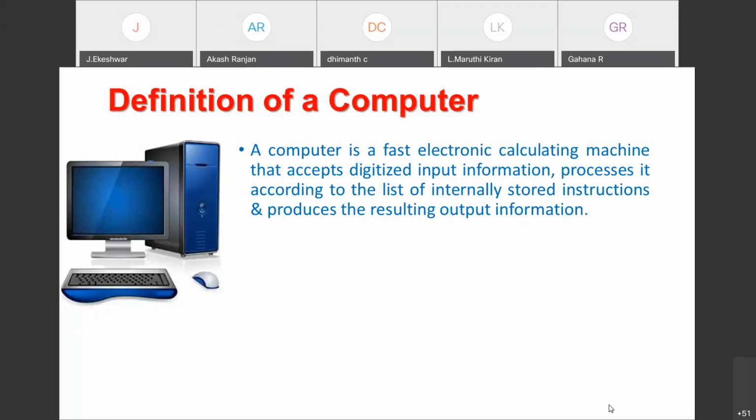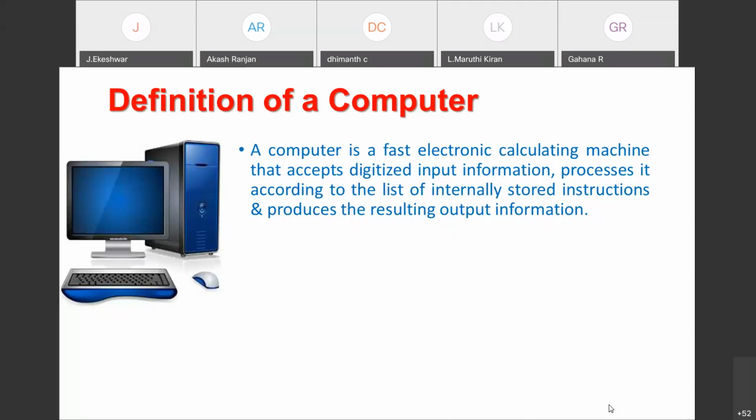That is the input unit, which is used for feeding the input to the computer. Then the processor, the central processing unit, which processes the instructions which are stored in the memory. So in which memory are the instructions stored? It is actually the RAM, which is called random access memory, where the instructions of your program are stored.